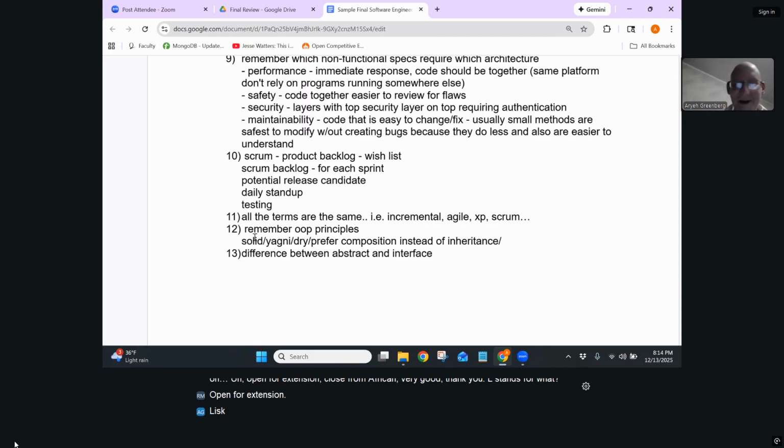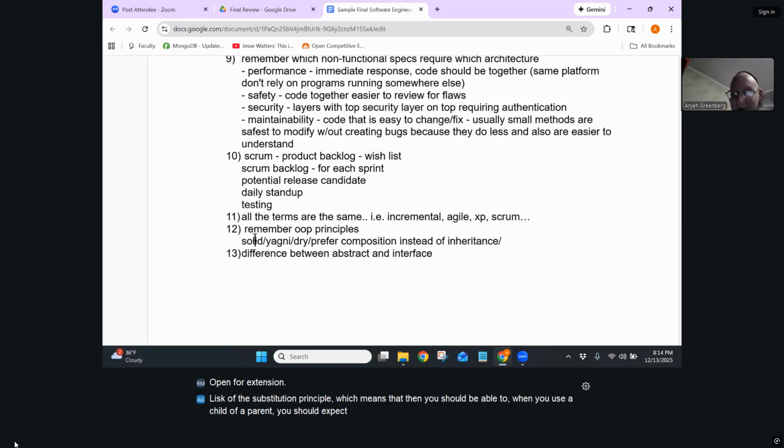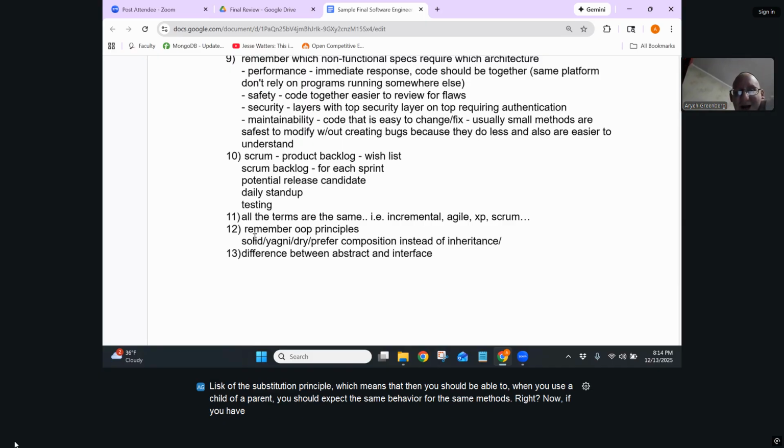L stands for Liskov substitution principle, which means that when you use a child of a parent, you should expect the same behavior for the same methods. A child should not get different behavior for the same method than its parent does.